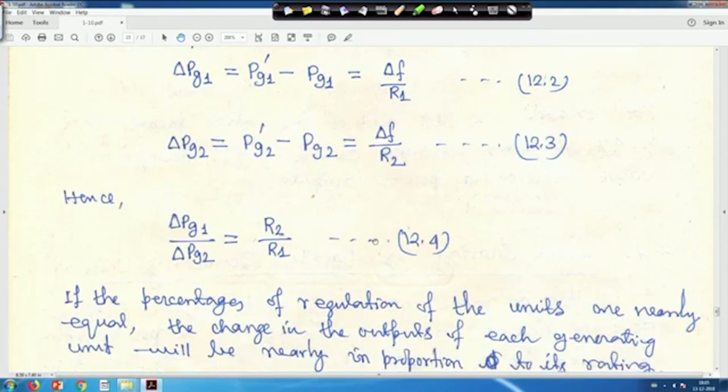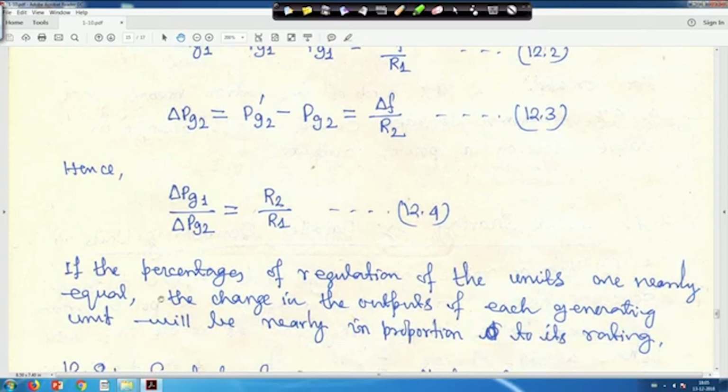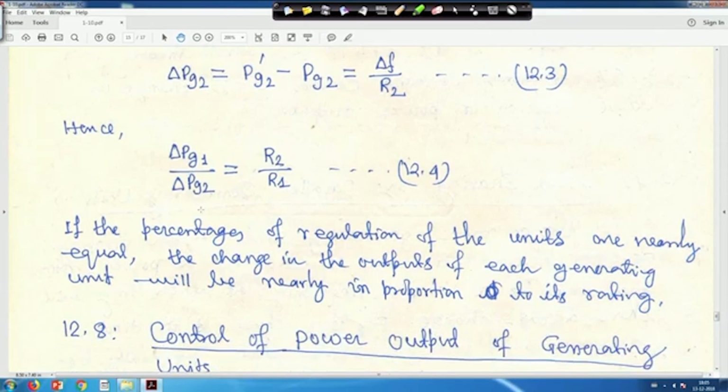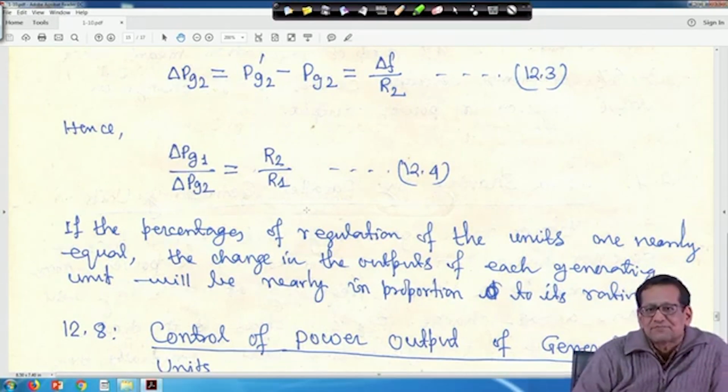So, if the percent regulation of the units are nearly equal, that means R1 is equal to R2, the change in the outputs of each generating unit will be nearly in proportion to its rating, right. So, if R2 is equal to R1, then delta Pg1 will be equal to delta Pg2, right. This is the meaning of droop characteristic, and why we need it for the governor is more or less clear to us, right.